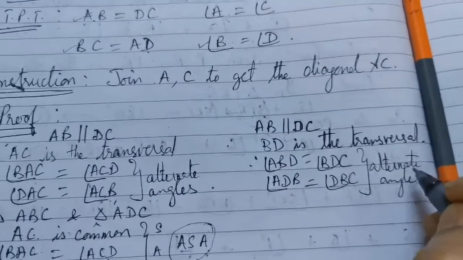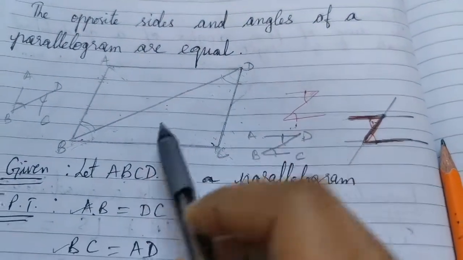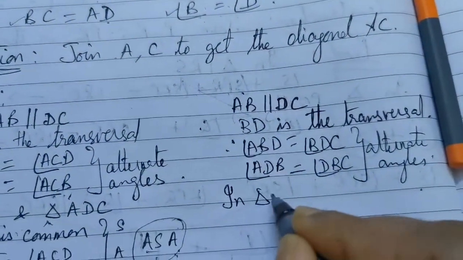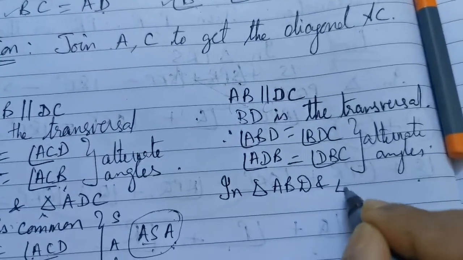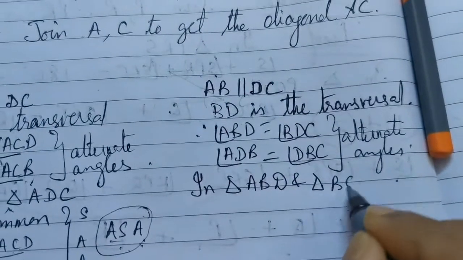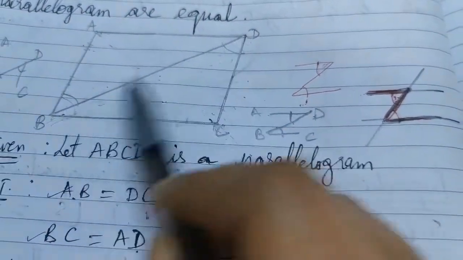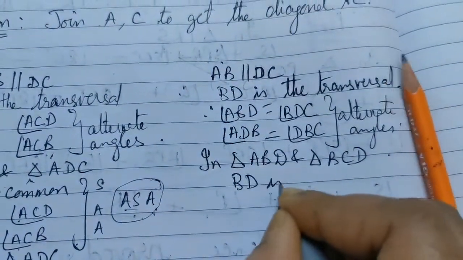Now let us compare these two triangles. Now I have triangle ABD and triangle BCD. If you see these two triangles, the side BD is common.